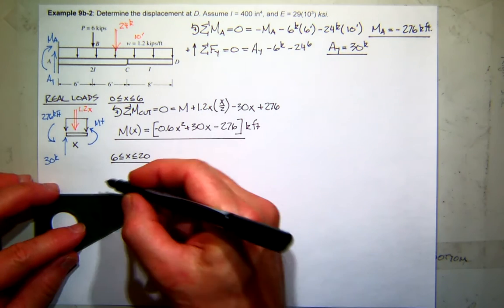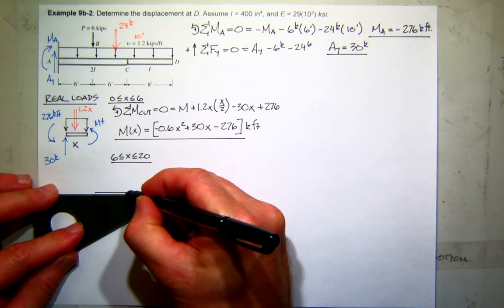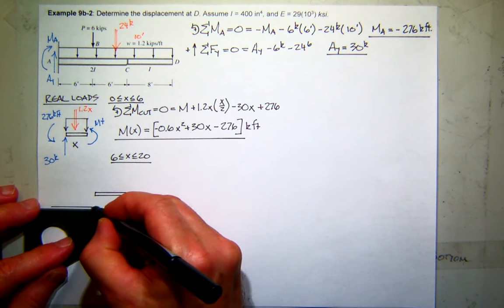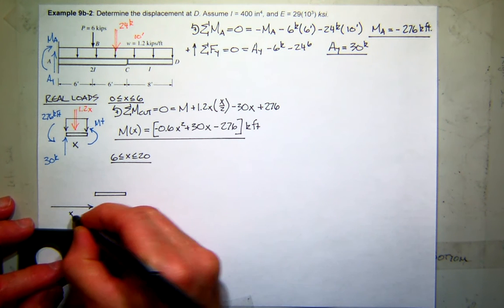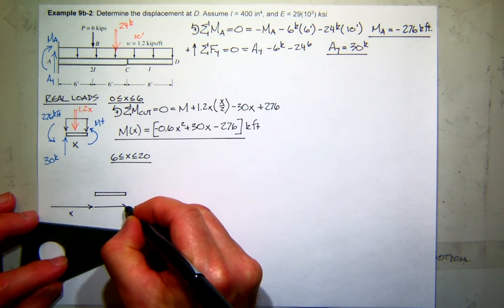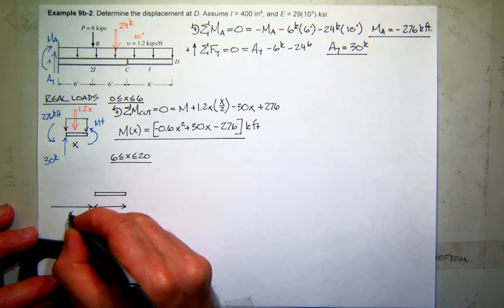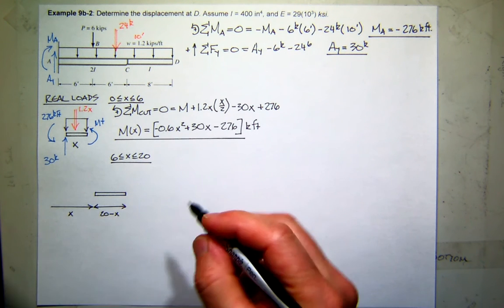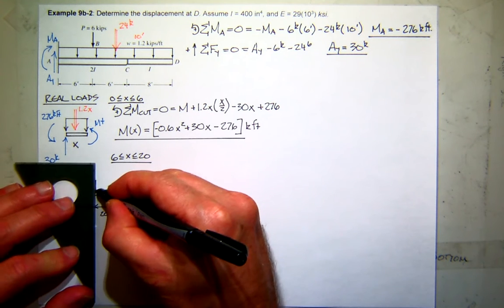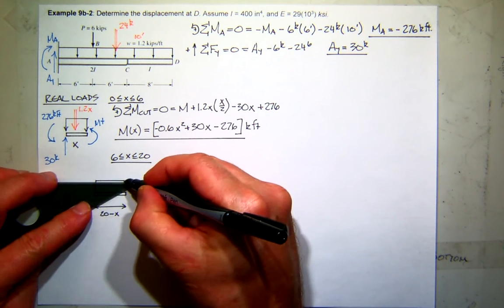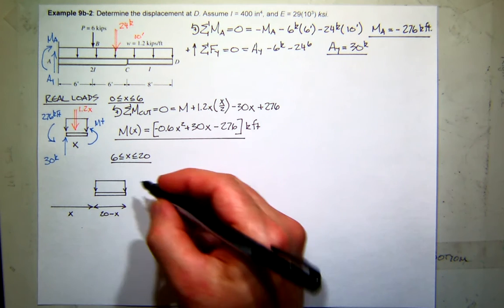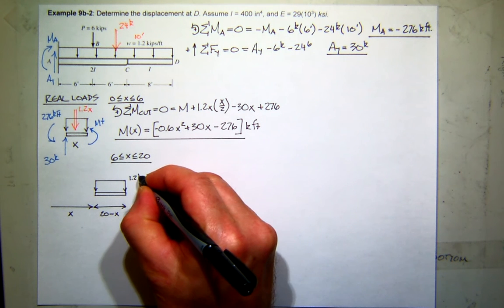So when I do that, you get something like this. So here's the distance x. That leaves the segment that I'm working on as 20 minus x. And on that free end segment, I have my distributed load again, which is 1.2 kips per foot.